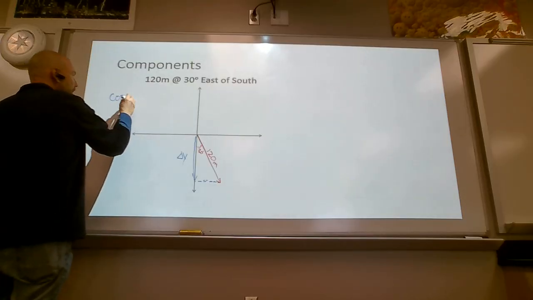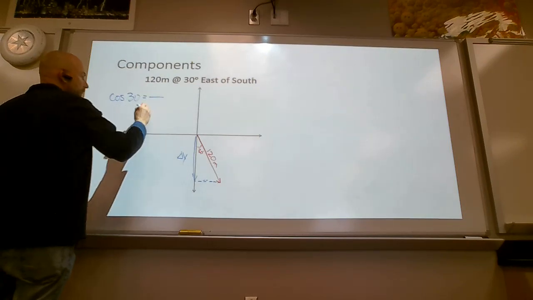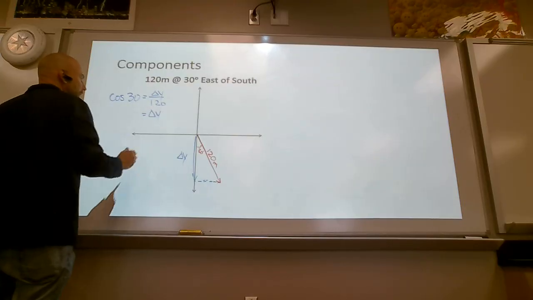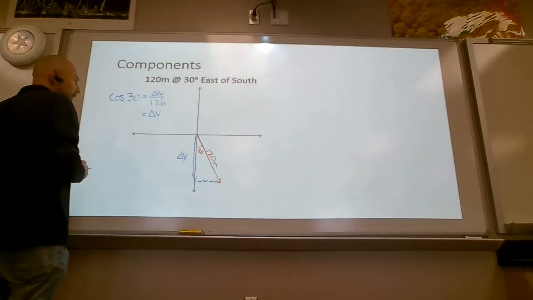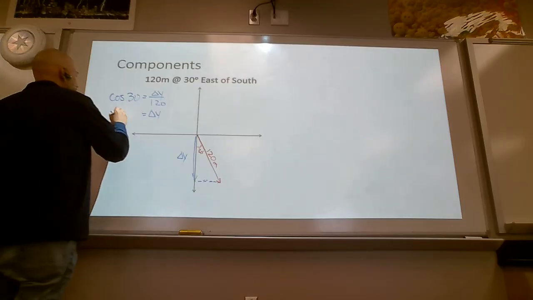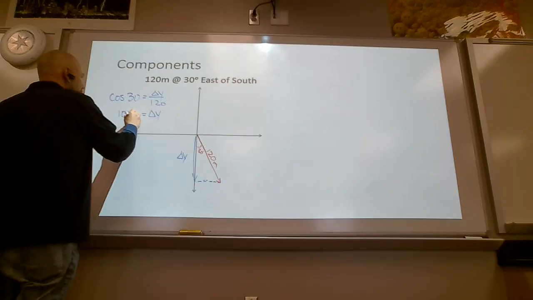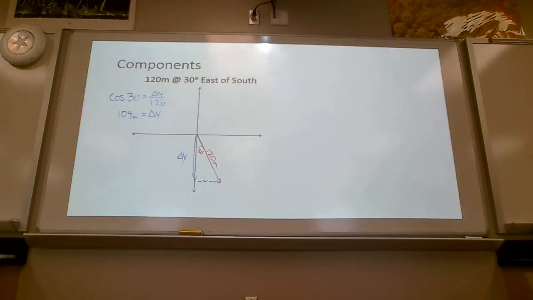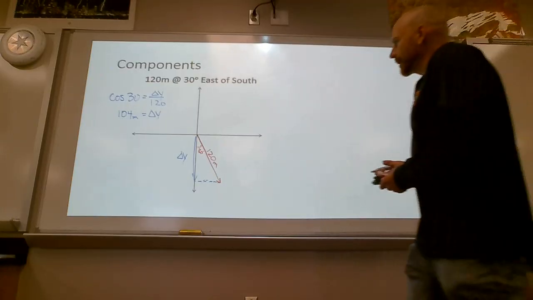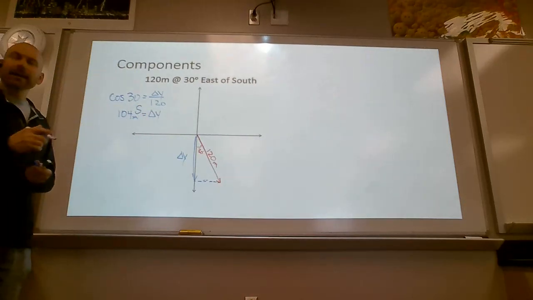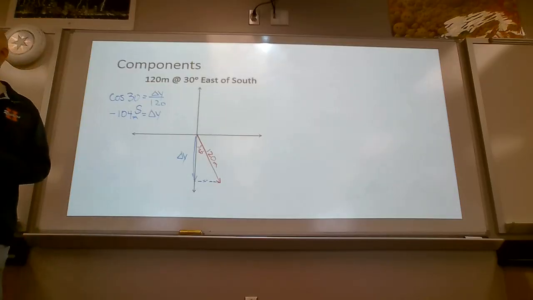Yeah, cosine of 30 is equal to delta y over 120. So delta y is then 104. And which direction is that going? South. So I could say south, or I could say a negative 104 meters in the y direction.